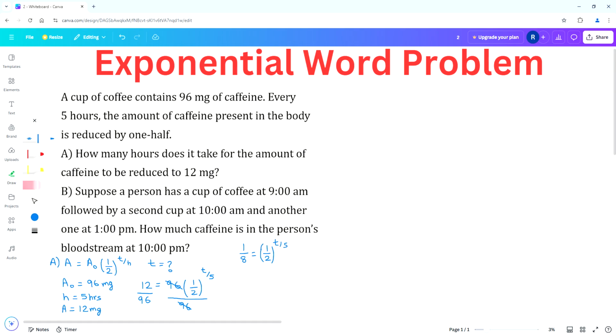We have to solve this exponential equation to find the value of T. We should make the base the same on both sides of the equation. On the right side, the base is 1 over 2. On the left side, we have 1 over 8, which can be changed to 1 over 2 to the power 3.